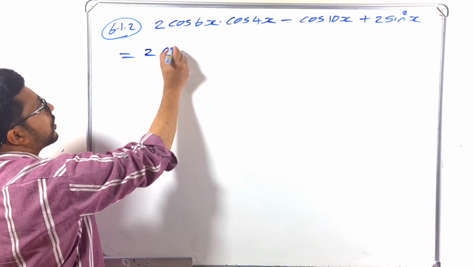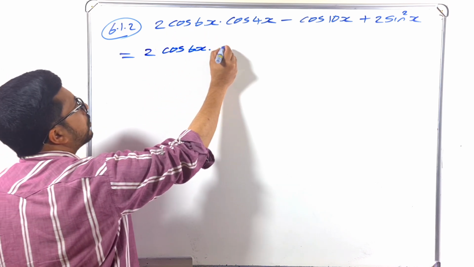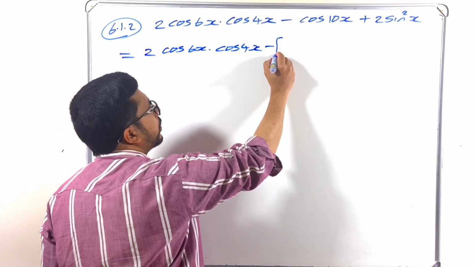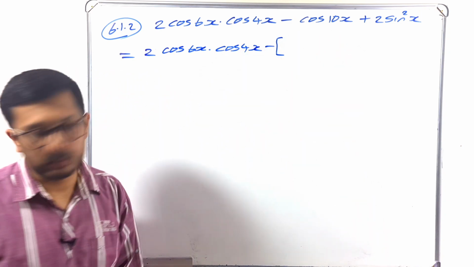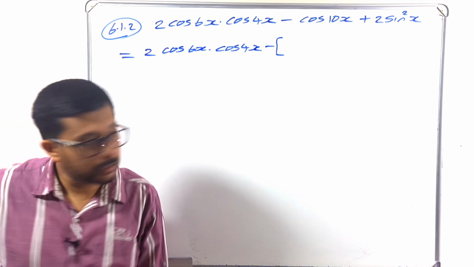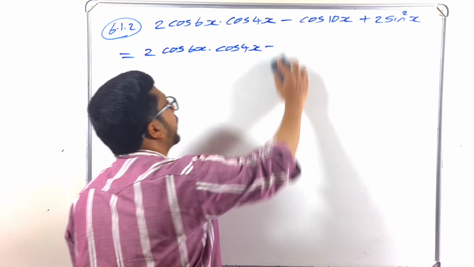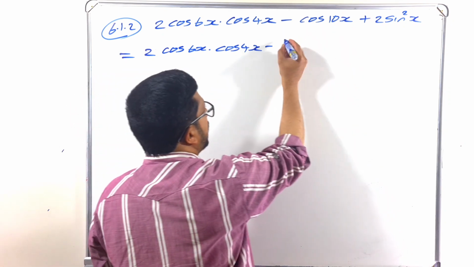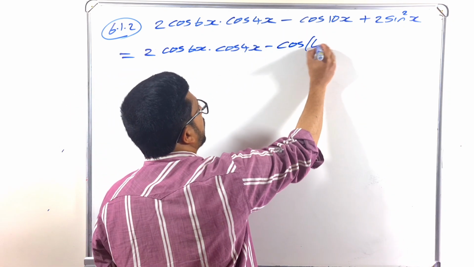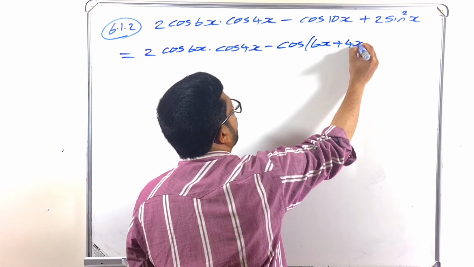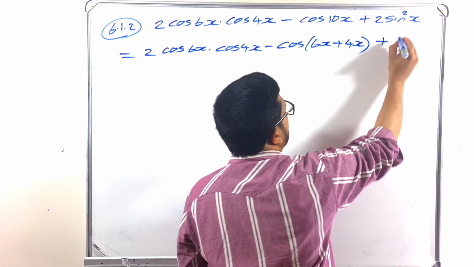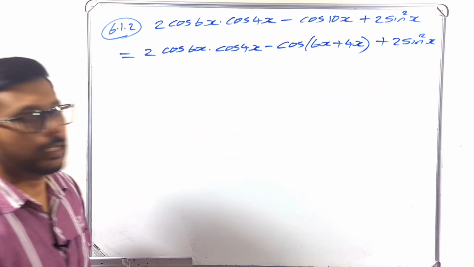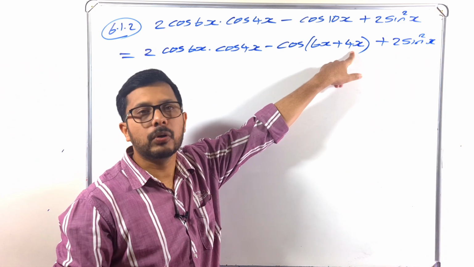So 2 cos 6x cos 4x minus, now I'm going to write this cos 10x as cos of 6x plus 4x, then plus the remaining 2 sine square x. Now this one you have to expand.